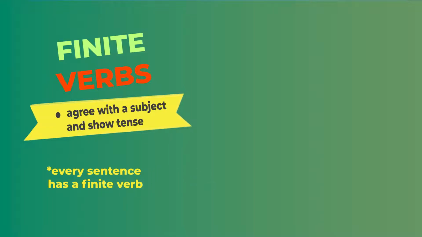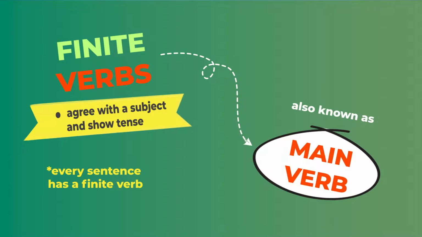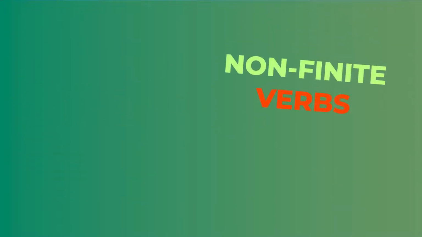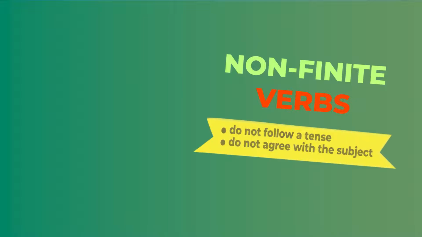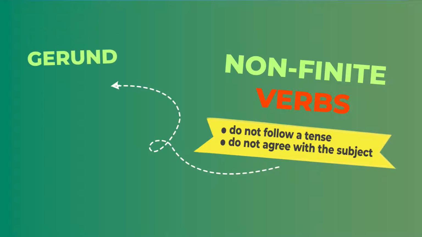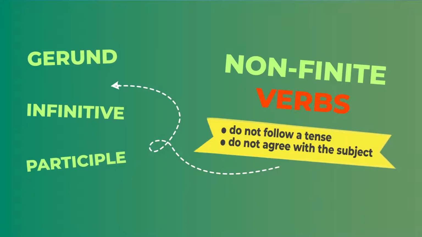Every sentence has a finite verb, which is also called the main verb. In contrast, a non-finite verb does not follow a tense and does not agree with the subject. The non-finite verbs are gerund, infinitive, and participle.